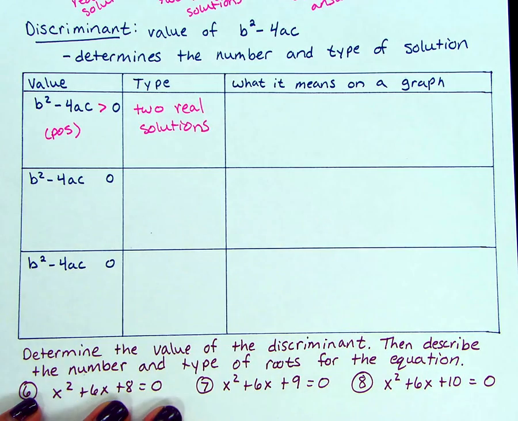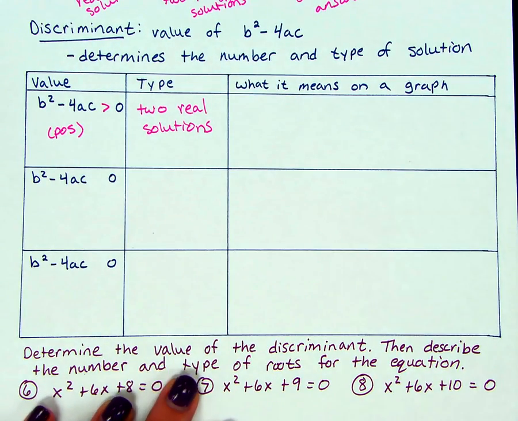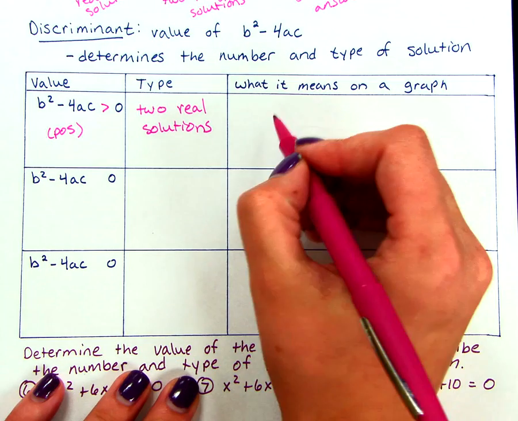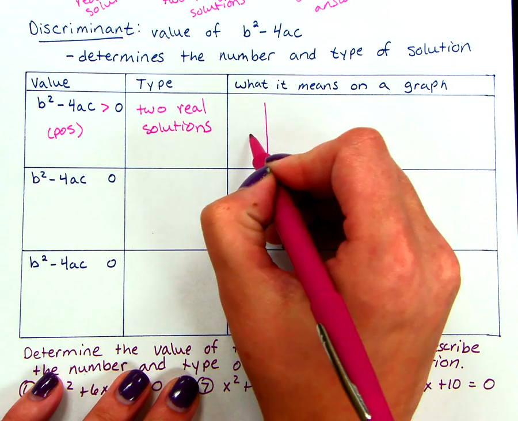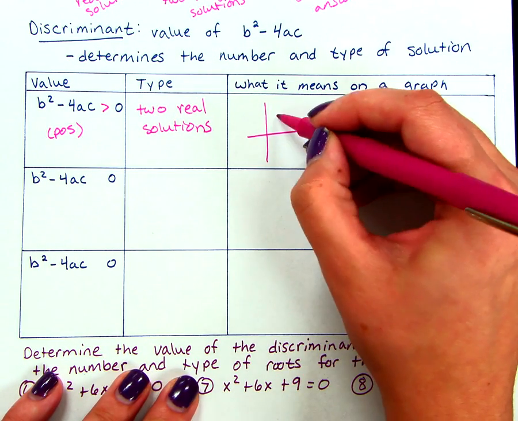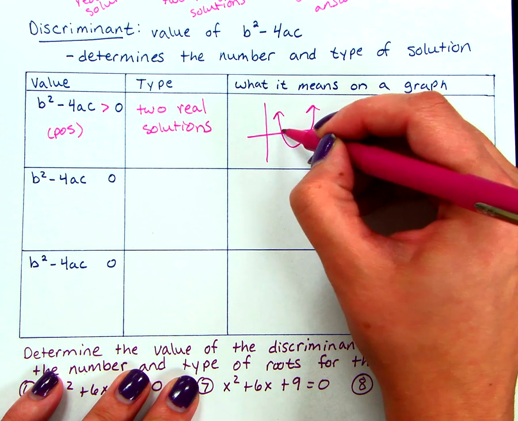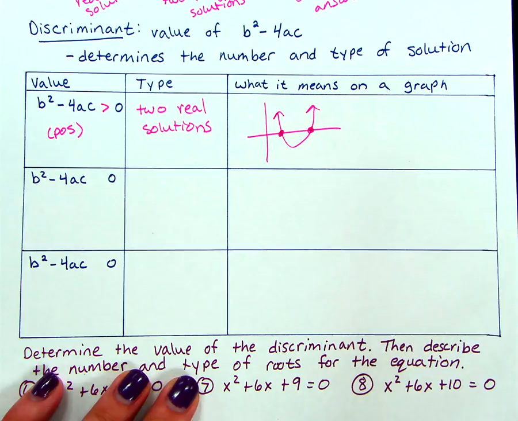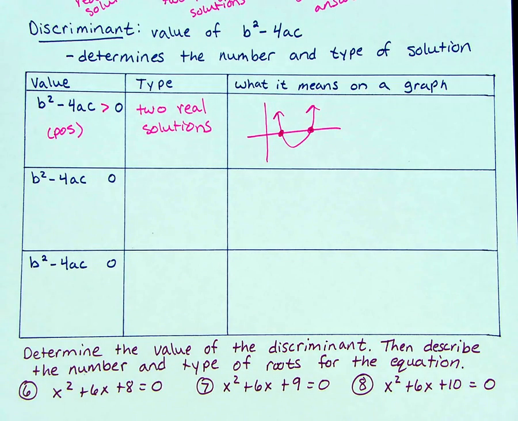Remember, when we're finding our solutions, we're really finding the x-intercepts. So in terms of a graph, that means that our graph has to be crossing, whether it's opening up or down, the x-axis twice. Okay, so we have 2 real solutions.